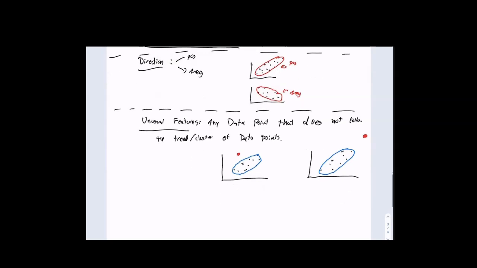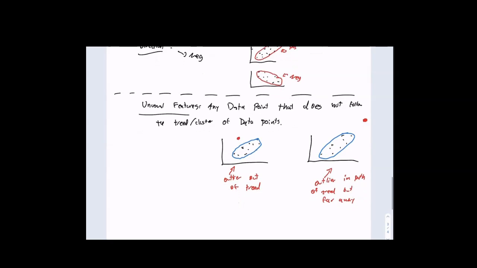So this is an outlier out of the trend, and this right here is just an outlier in path. We'll have more specific names for these when we get into the course of trend, but far away. So those are both outliers.